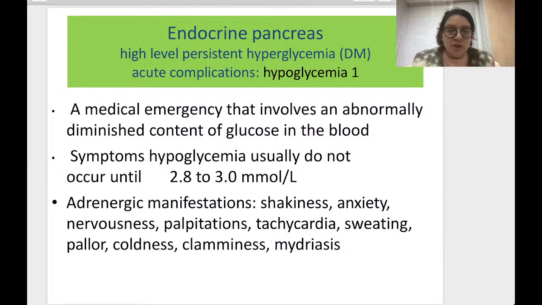Most often they are shakiness, anxiety, nervousness, palpitations, tachycardia, sweating, pallor, coldness, clamminess, and mydriasis. It looks like the opposite of hyperglycemia.